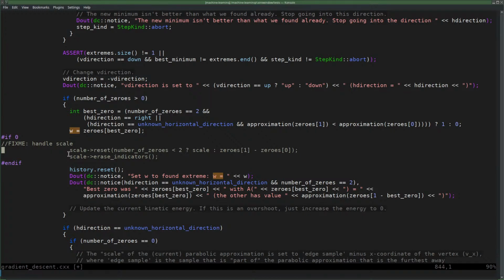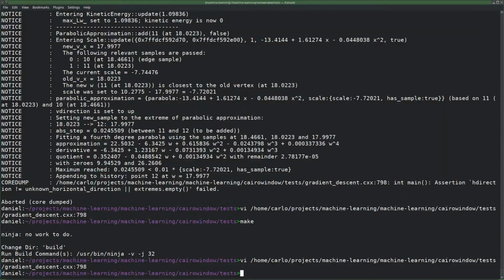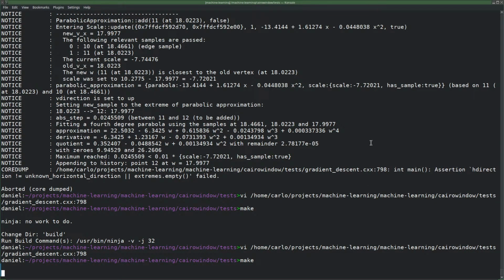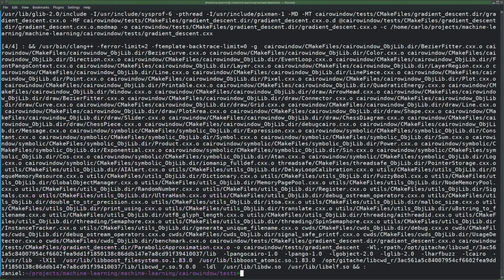So by not resetting it, I think it's just going to use this W value and the previous one as if they are both part of a parabola, as if it's the same parabola, and then, you know, improve the approximation, which is just nonsense. I think I already saw that actually, so we can see that in action again in a bit, and then I'm going to fix it and hopefully that disappears.